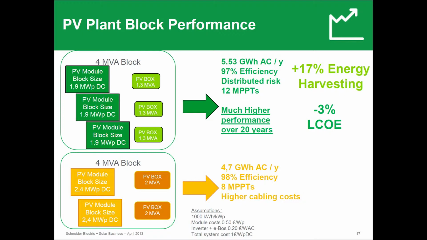If you compare this to standard PV boxes, which run at 2 megavolt-ampere and don't do overpaneling in such a ratio because the inverter cannot cope with it, then you can see that the total energy harvesting is much bigger, because you get several opportunities for improvement. You work with a better window, you will have more sources of energy, you will have more activities, so everything all around is going to bring you a lower LCOE. So that's a very important point: you integrate the electrical scope by understanding absolutely the capability of the inverter.